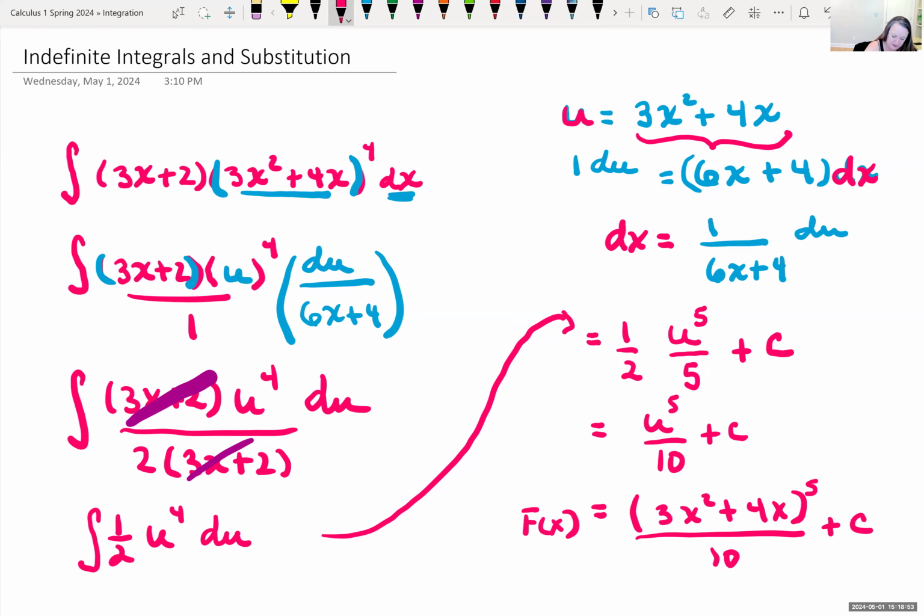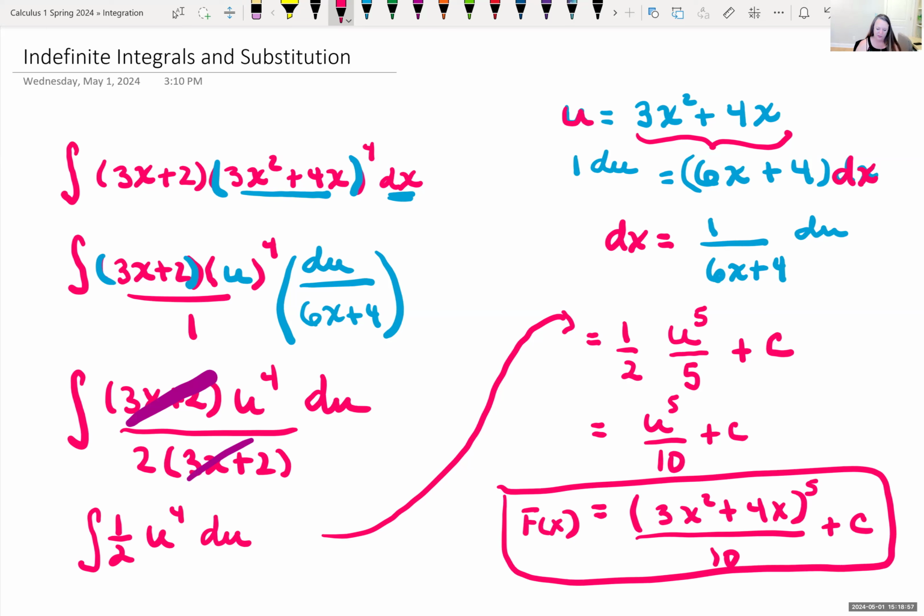And this is our antiderivative of our integral there. We can always go back and check. If we take the derivative of the antiderivative, we should get back our integrand, which in this case is this.